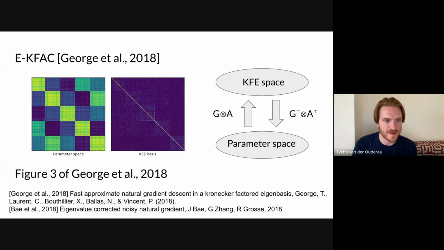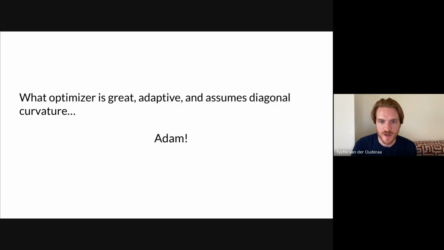Now, this is very much a left and right multiply. So these are efficient transformations once you have these matrices or preconditioners. Why use SGD in this KFE space? Why not use Adam? So we have Adam, which is a great adaptive optimizer that assumes diagonal curvature.